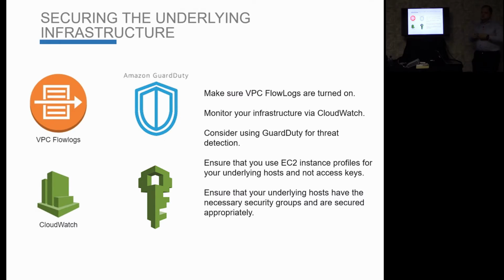What it will do is, if there's any malicious activity inside your EC2 instance or the containers running on top of your EC2 instances, it will alert you to that. And then, as Martin pointed out, with some of the services that can use IAM roles, make sure that you are actually using IAM roles with instance profiles and not using access keys inside your containers.